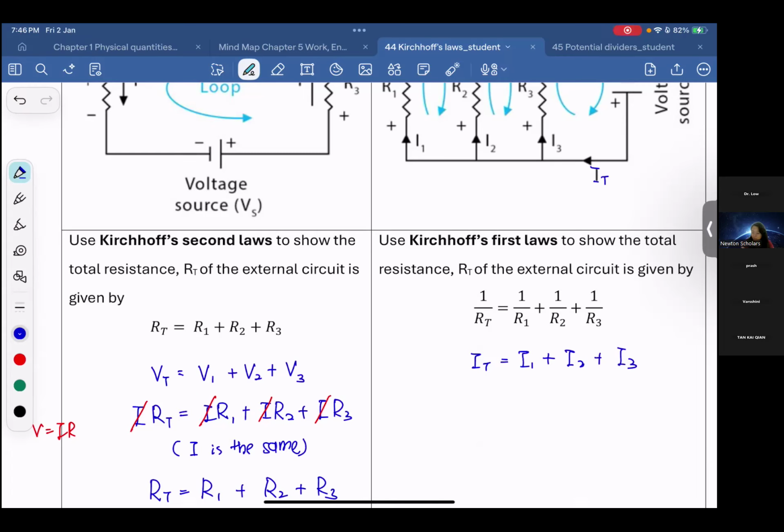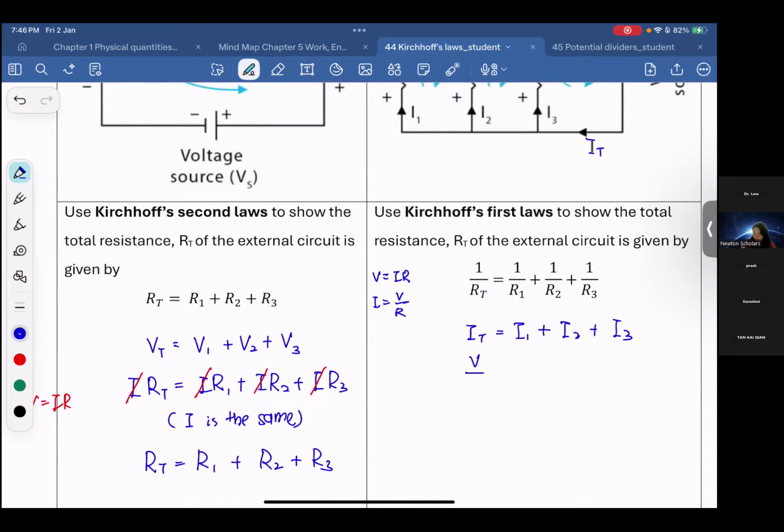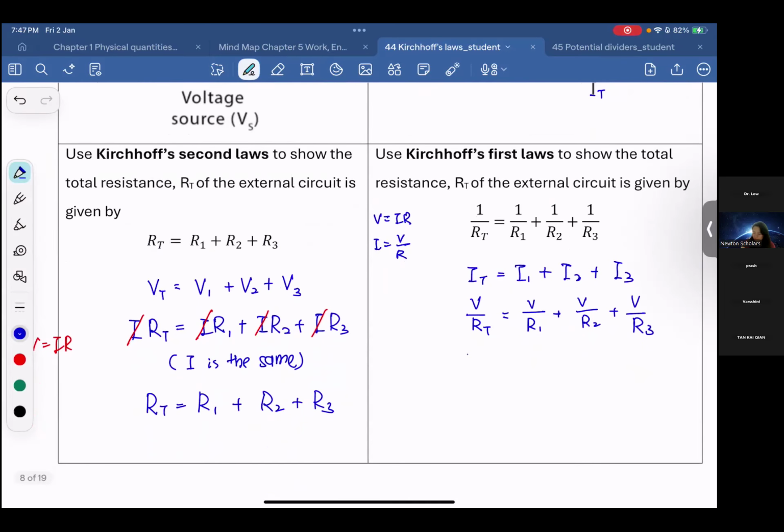Then V equals IR, so your I is actually V over R. So here, V over R total equals V over R1 plus V over R2 plus V over R3. Here in parallel, the voltage is the same.